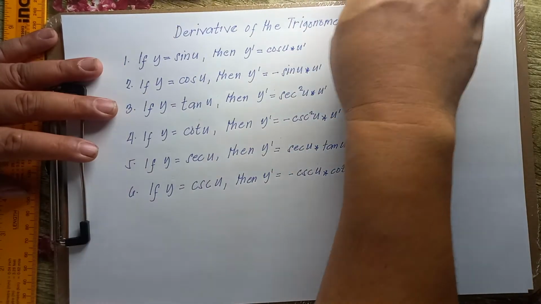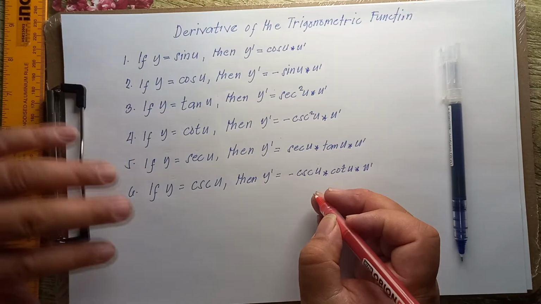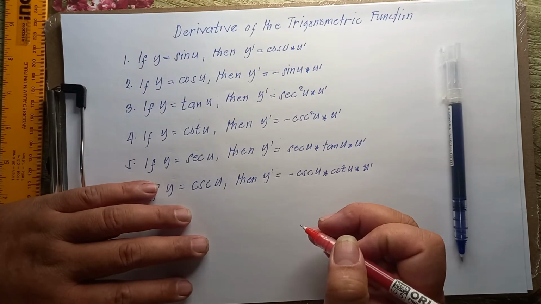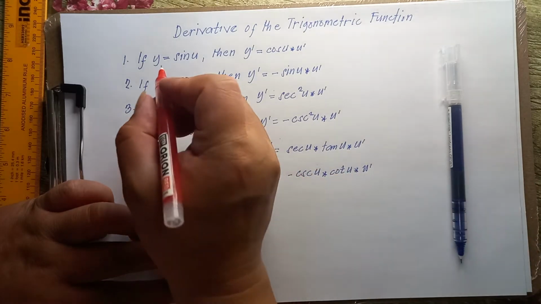So these are the rules that we are going to make use of in getting the derivative of the trigonometric function. So let's try to see it one by one.